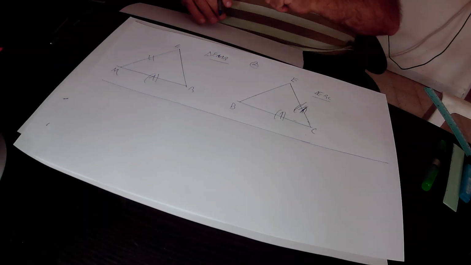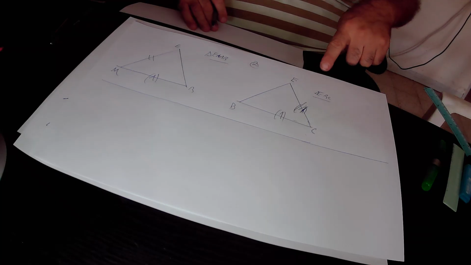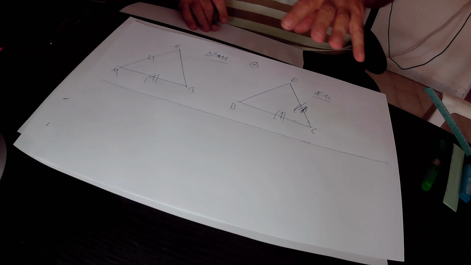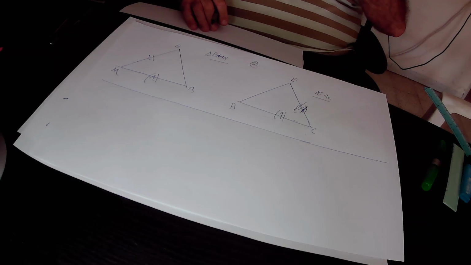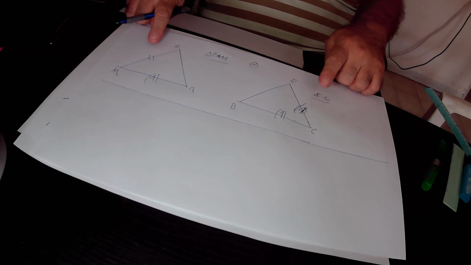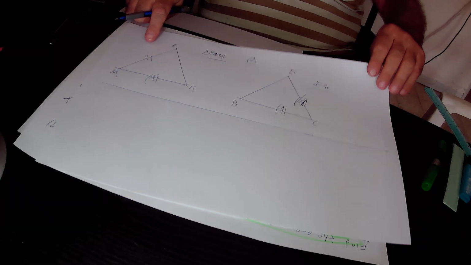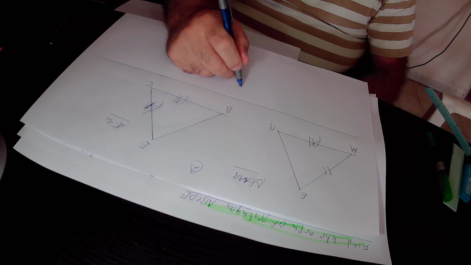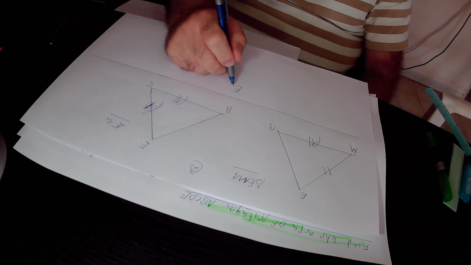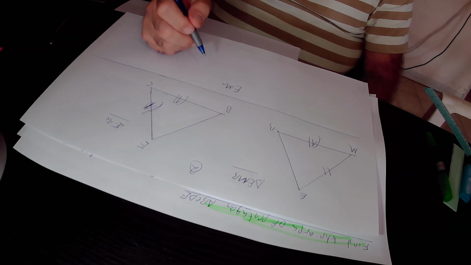Okay, those are the two triangles from the original drawing. This is triangle EMB, this is triangle EBC. So why can those two triangles go into each other? First of all, we found out that side EM in triangle EMB is equal to side EC in triangle EBC.